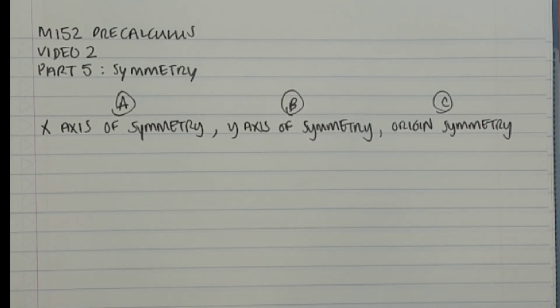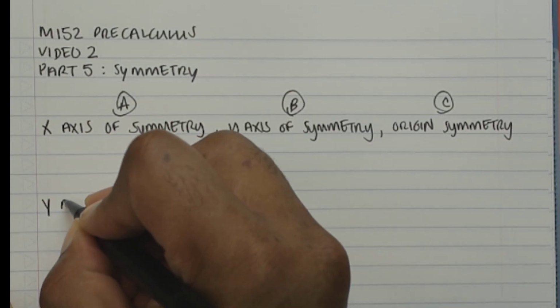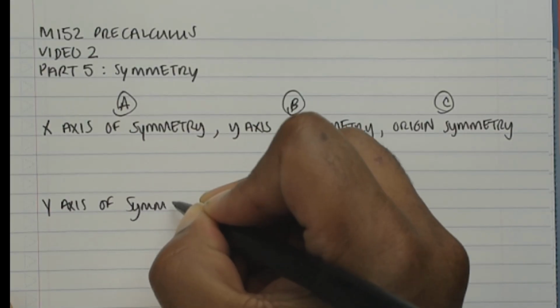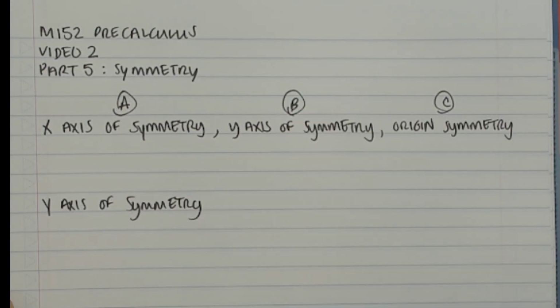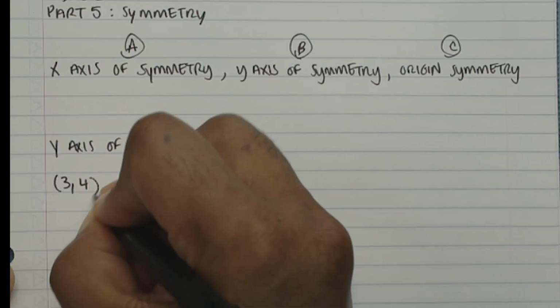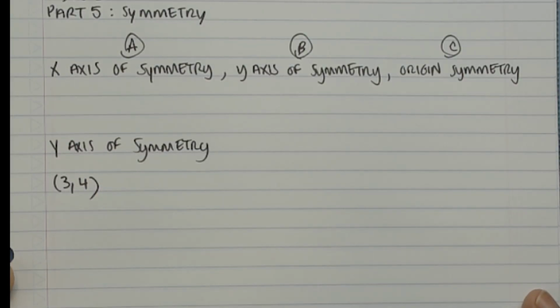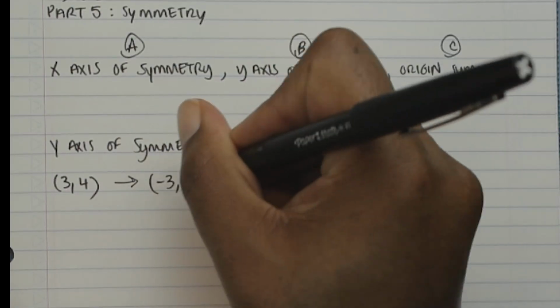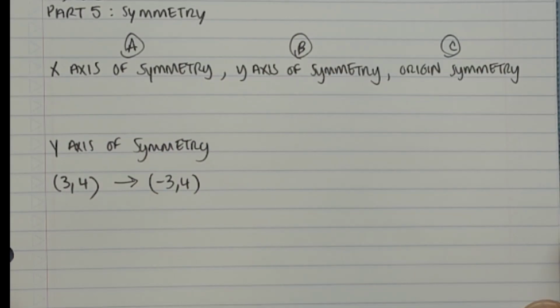So for example, suppose you have the point (3, 4) on the graph. If the graph is symmetrical about the y-axis, then the point (-3, 4) must be on the graph.